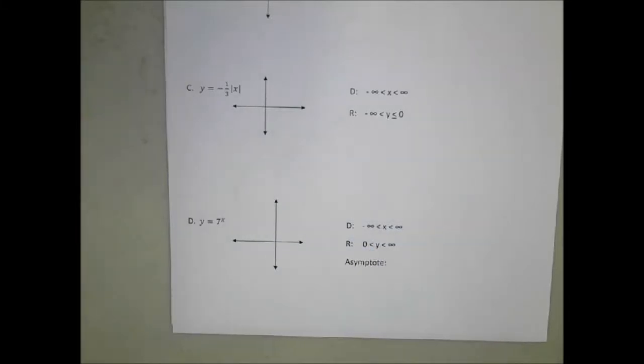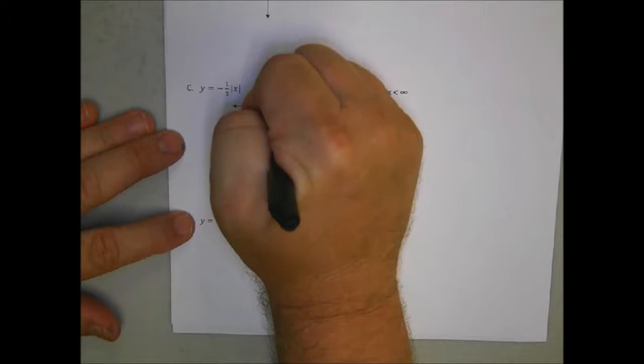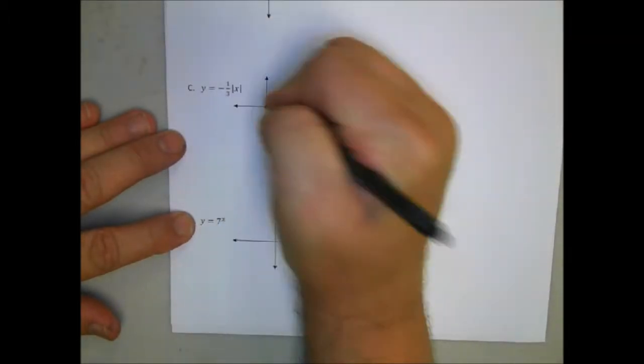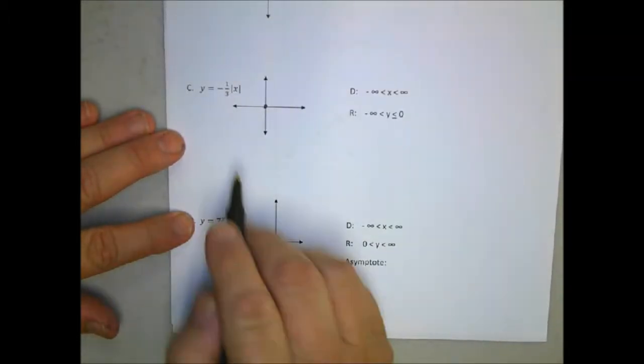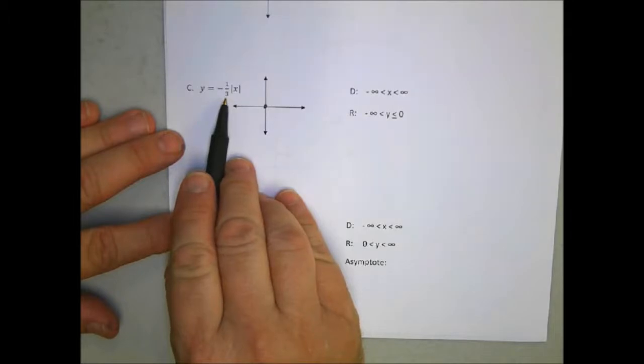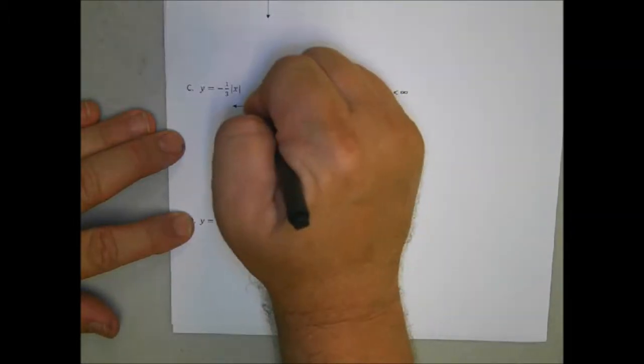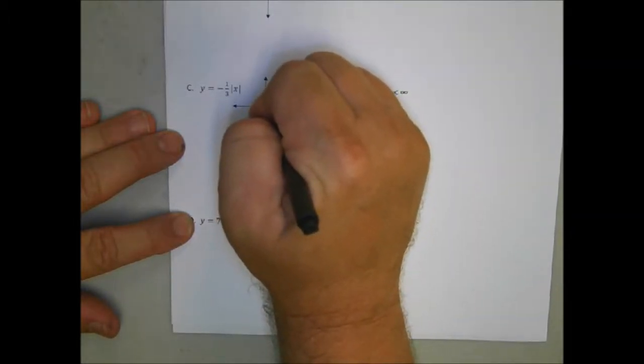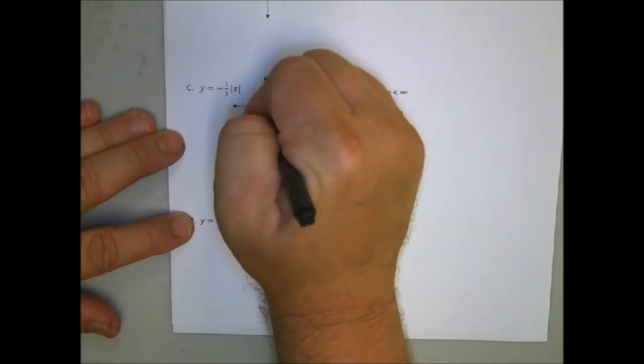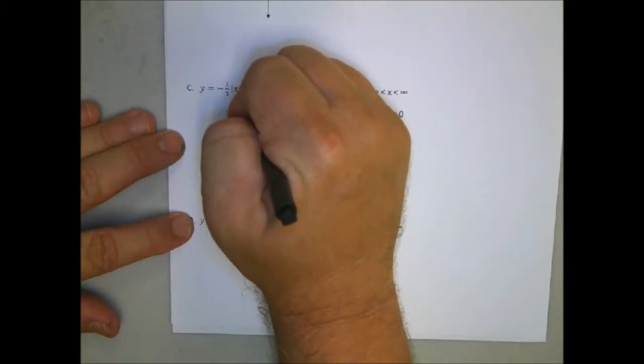The key point on the V is still 0, 0. And the negative 1/3 is simply the new slope. Down 1 over 3, down 1 over 3.